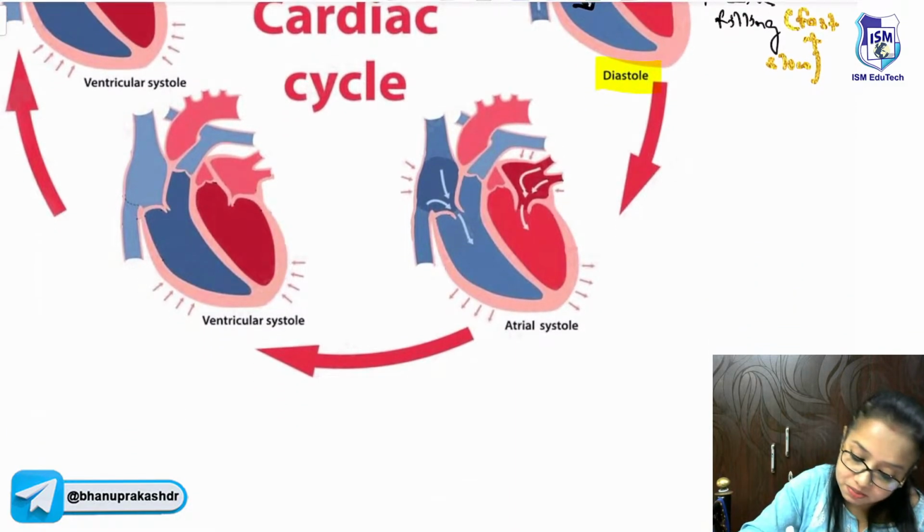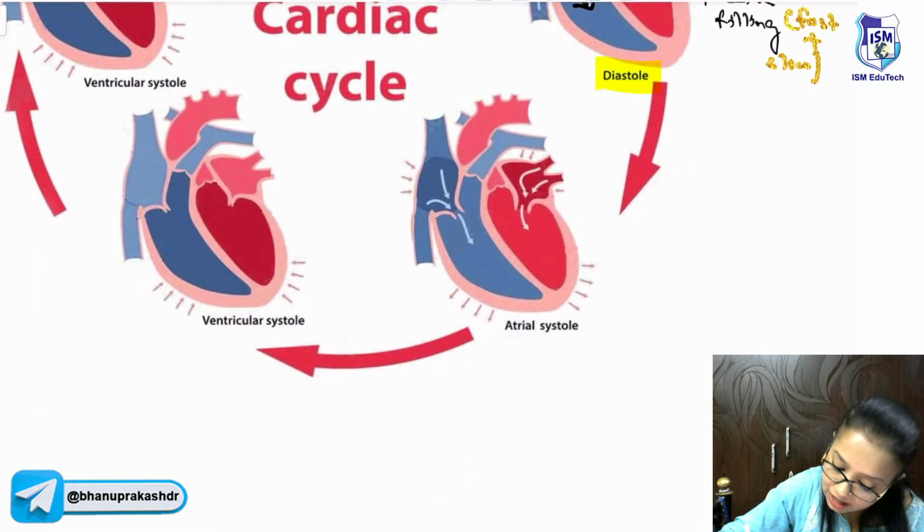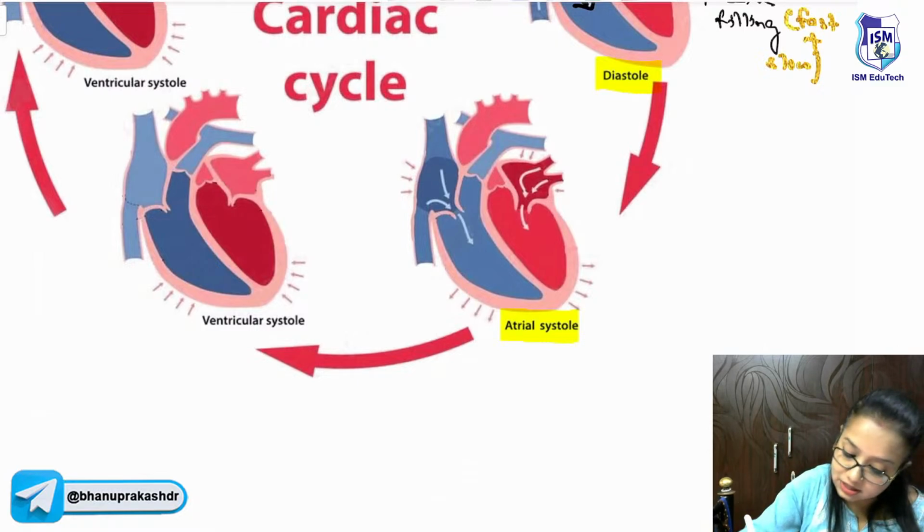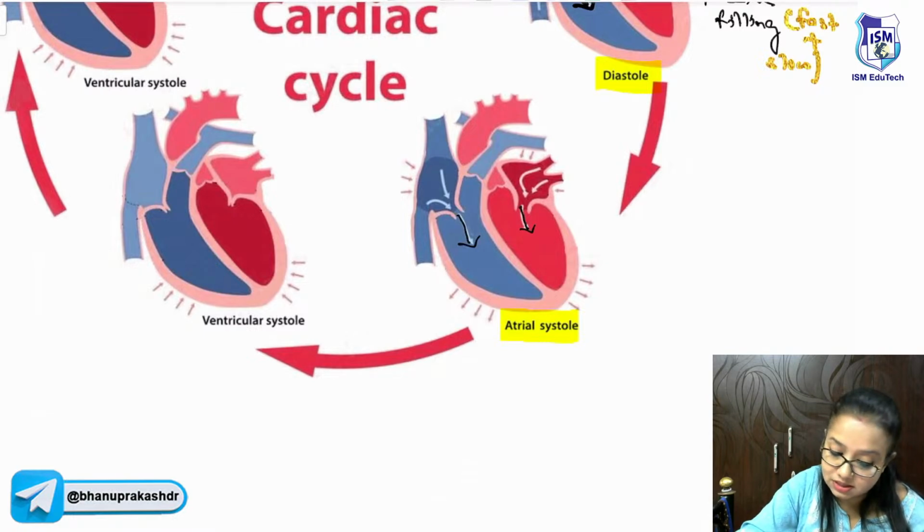After that, what happens? Next is the active filling, which is also the atrial systole. So here in the atrial systole, we can see there is additional filling of the ventricle from the atrium, but this has happened now because of the contraction of the atrium. See, it is shown in the diagram.